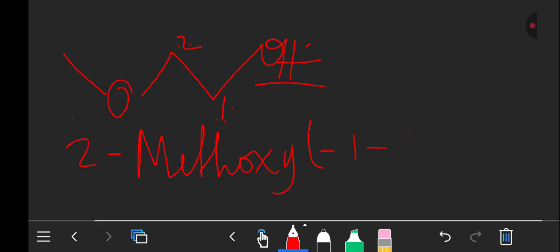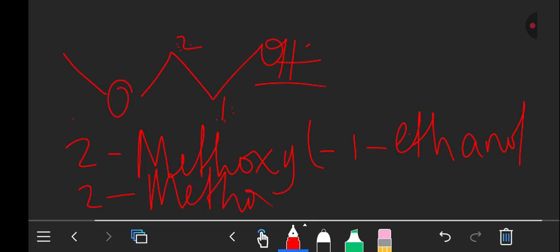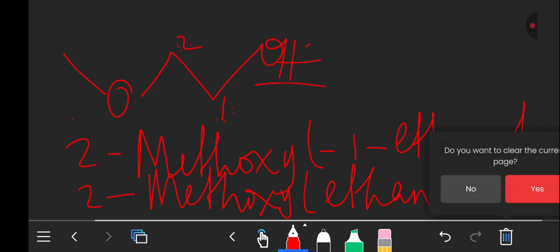Then we say it has 2 carbons, so it is an ethanol. If you don't want to say this, you can even say 2-methoxyethane, then you put the position of the OH group, which is 1-ol. So it is 2-methoxyethan-1-ol. So that is how you get to name it.